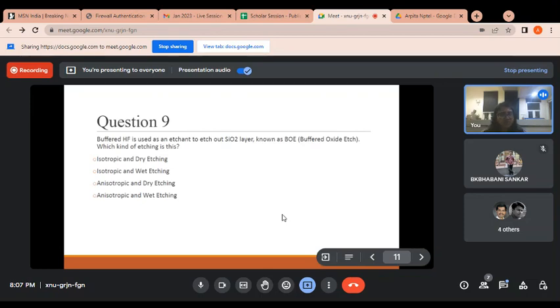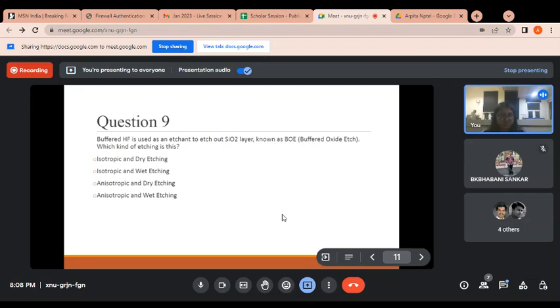See, here BOE is a solution. So when we put any device or any wafer into a solution for etching purposes, it is called wet etching. And also here, when we use the BOE, it etches in all directions. That's why it is called isotropic.